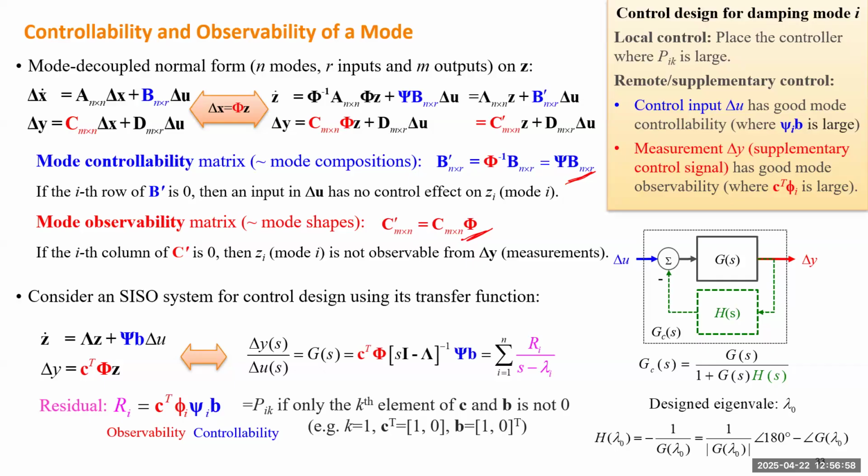Assume you have just a single input for the control, which receives the negative feedback from measurement data y. So u here should be the location which has the largest mode controllability, and y will be the location where you have the largest mode observability.